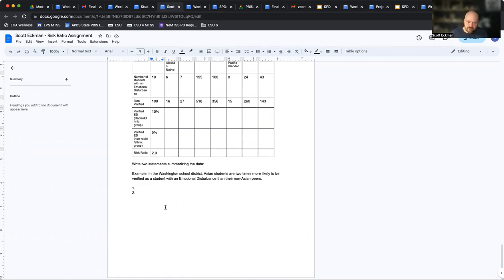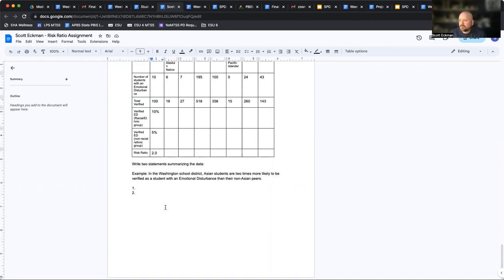So their guidelines for being disproportionate are different. I personally, if we start to think about things as a specific racial or ethnicity group is twice as likely to be verified, say with an emotional disturbance, than the rest of children who are verified, I would say that that's pretty disproportionate.